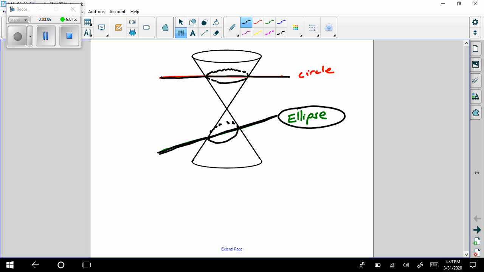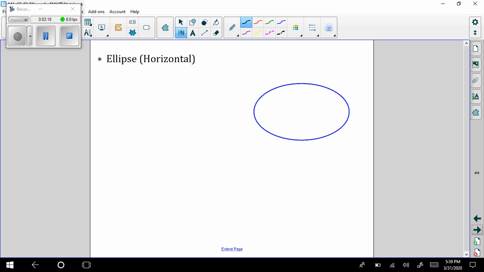Okay, so we're going to look at ellipses today. We've got a lot of lead-in notes talking about the different parts of an ellipse. Some of you may have seen these conic sections in college algebra, but if you're coming out of trig, I doubt that you've seen these before unless you've researched them on your own. All right, so you can have ellipses that are elongated horizontally, or elongated vertically.